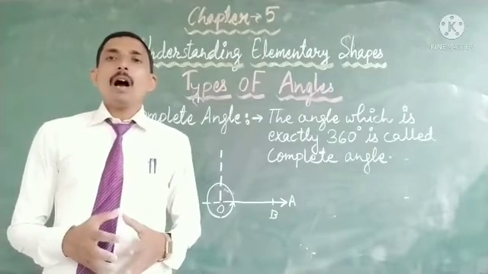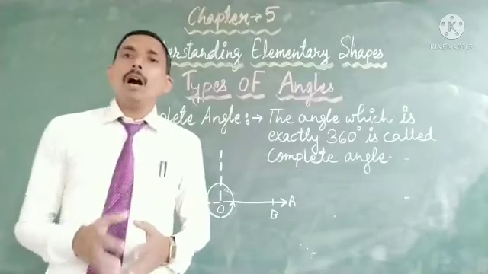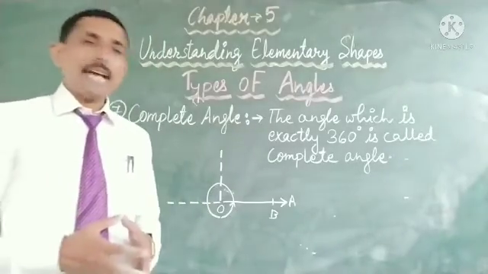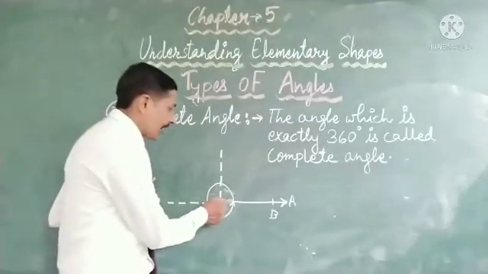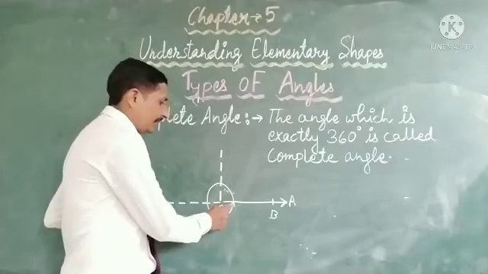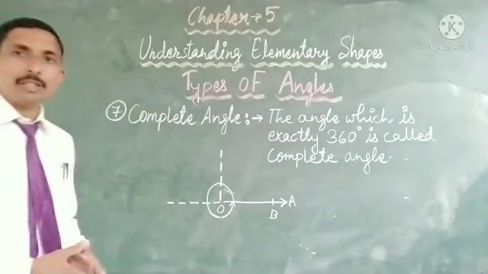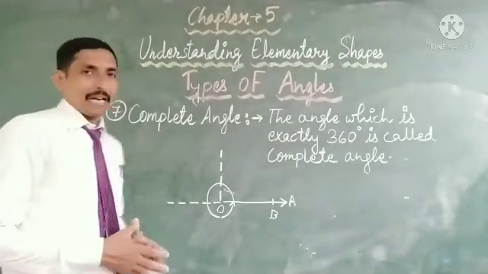Or we can say a complete turn is called a complete angle. And you see in the figure, the angle is starting from 0 degree and it ends in 360 degree. So this angle is called complete angle.